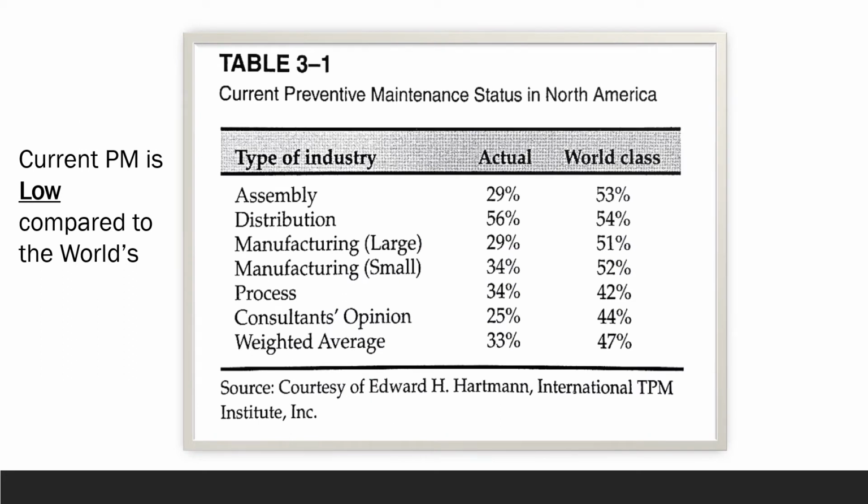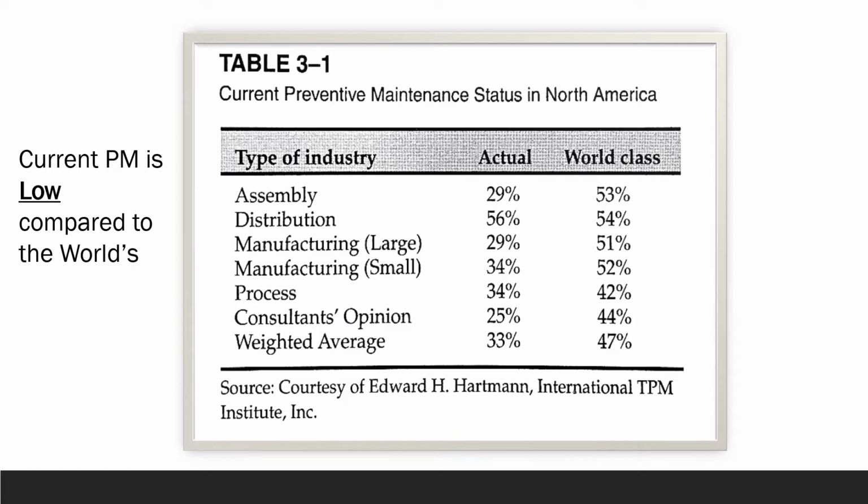So in this table, you can see the current preventive maintenance is low when you compare it to the world class in North America. I have already shown you this in chapter 1, unit 1.